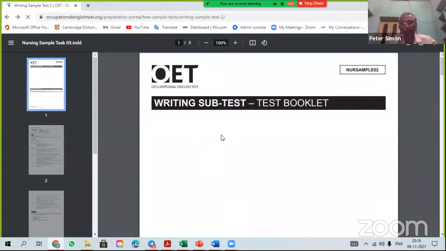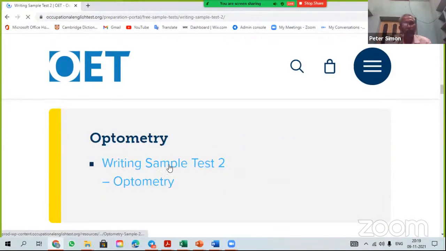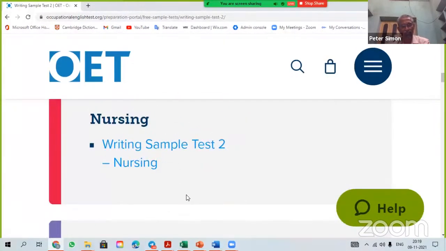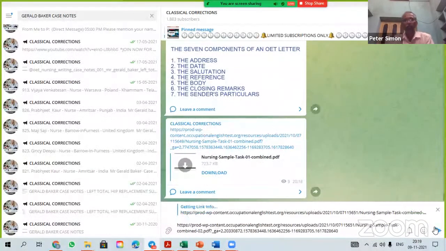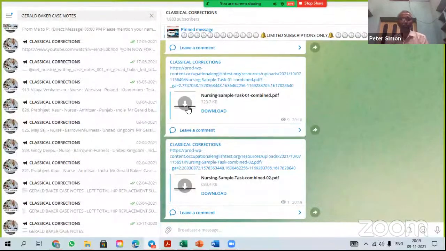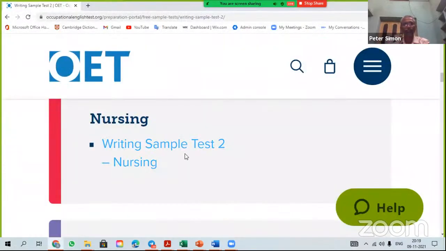Pharmacy, physiotherapy, nursing, copy link address. This is task 2. So task 2 question, already this is question 1, question 2. 2 questions I gave already. Then task 3.